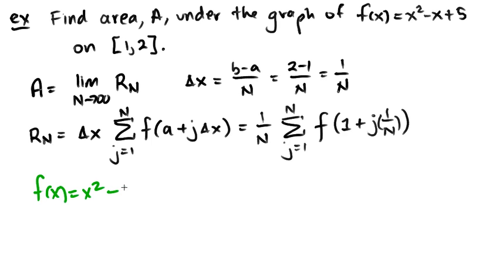Now f of x is x squared minus x plus 5, and I want to know what f of 1 plus j over n is, so that I can substitute it in for 1 plus j over n in my sigma notation formula.